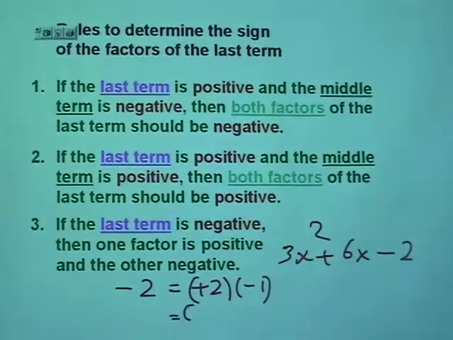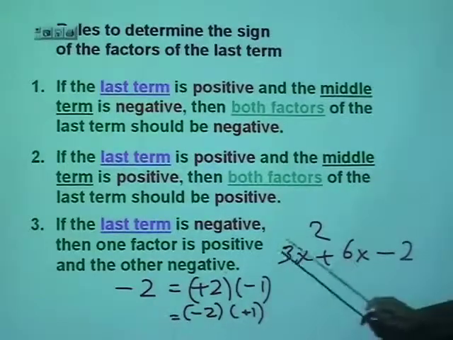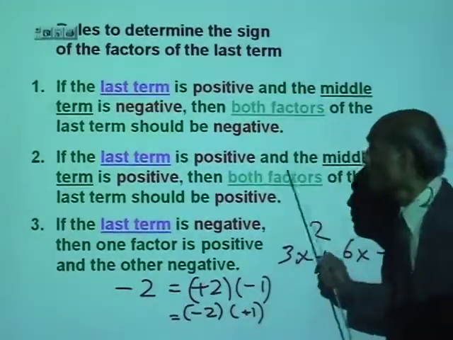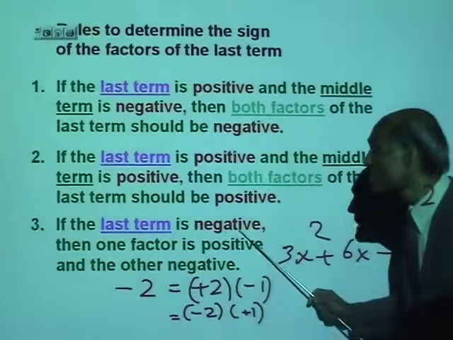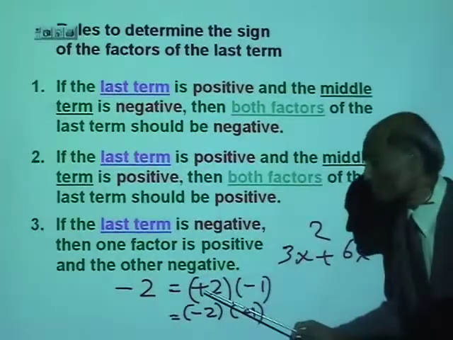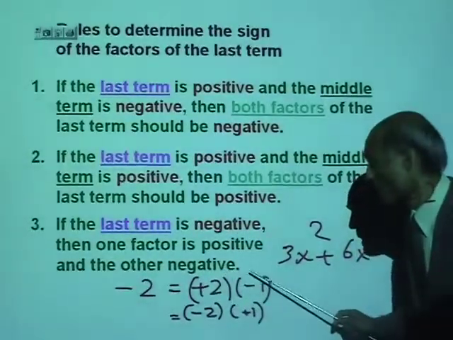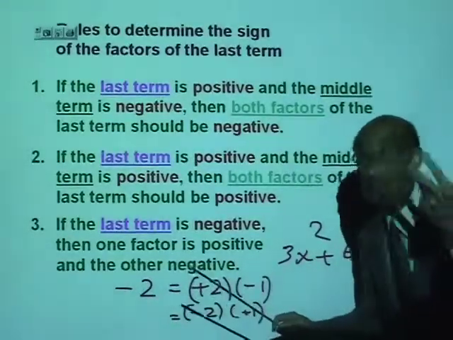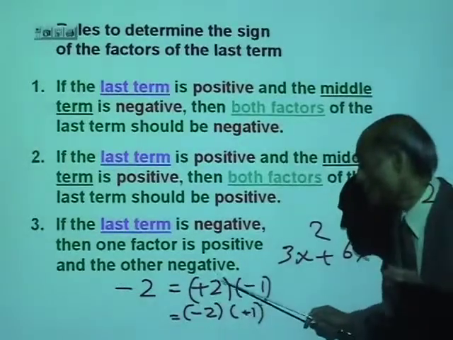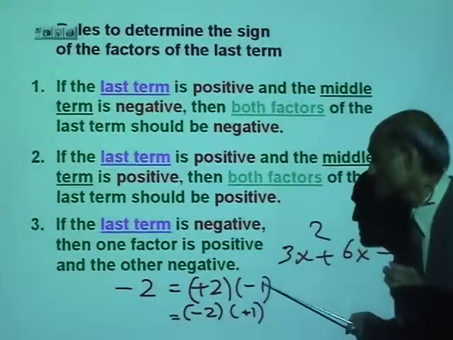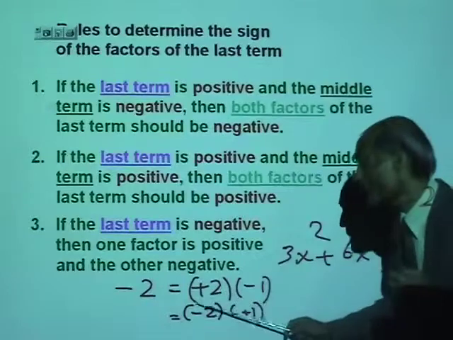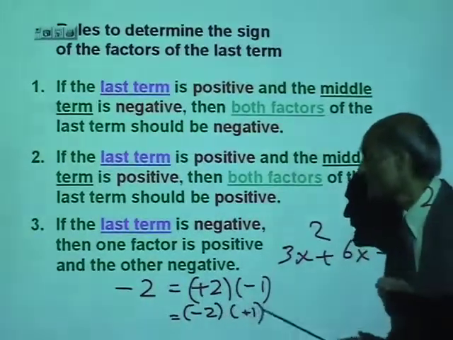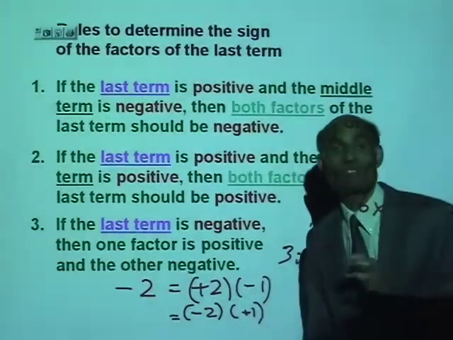Also, I can factor it as negative 2 multiplied by positive 1. When the last term is negative, one factor must be positive and the other negative. So negative 2 can be factored in two ways: positive 2 times negative 1, or negative 2 times positive 1.